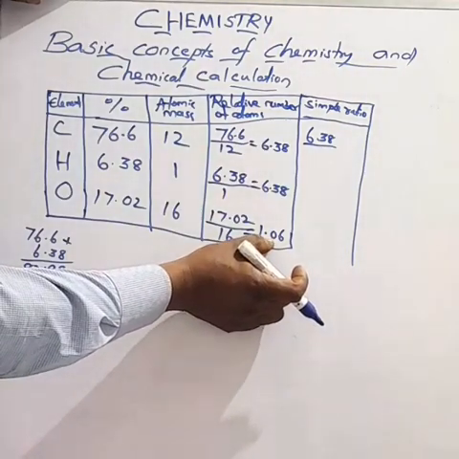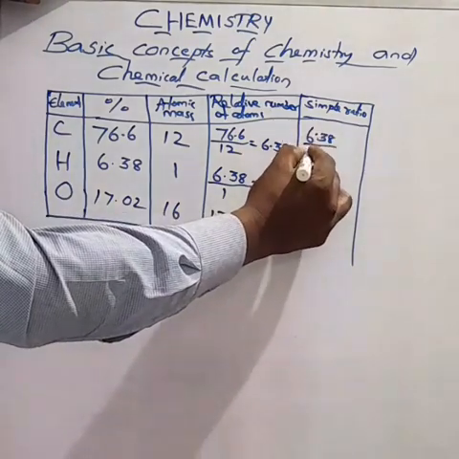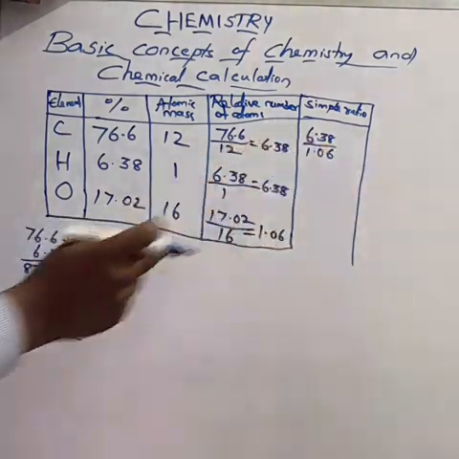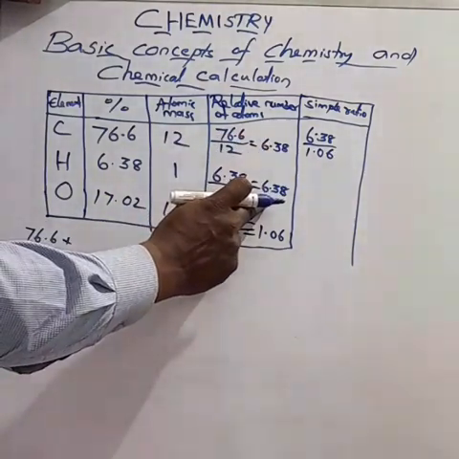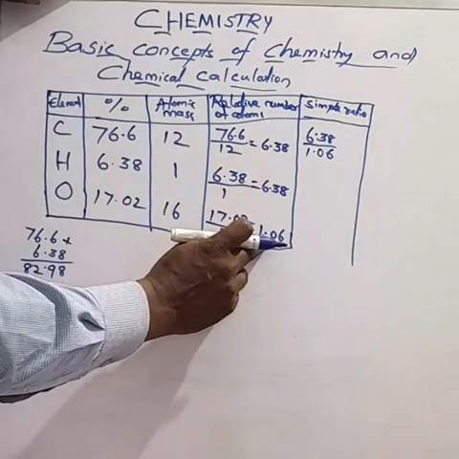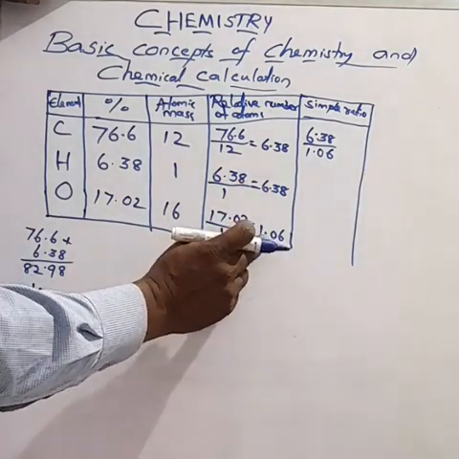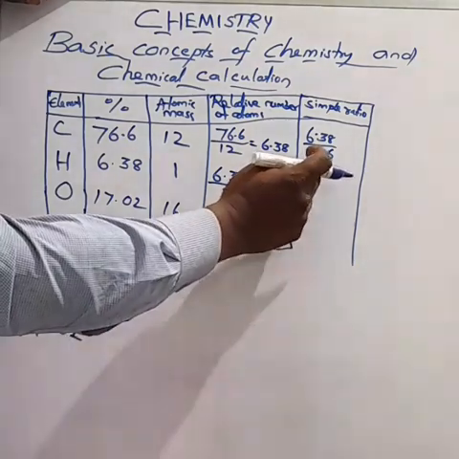Okay, that is 1.06. Am I right? Because carbon is 6.38, hydrogen is also 6.38, but oxygen is 1.06. So I am taking the low value, 1.06.